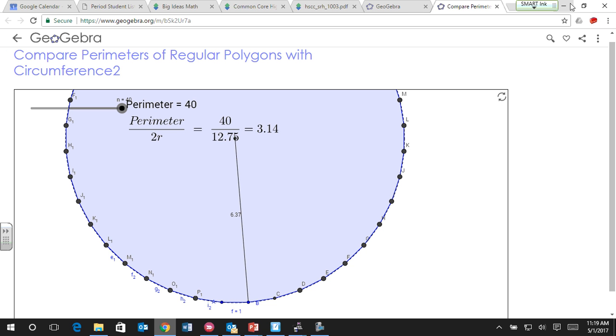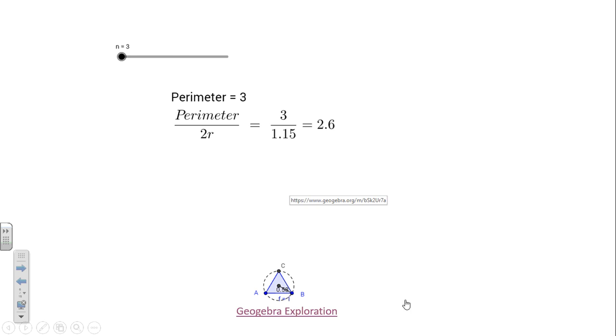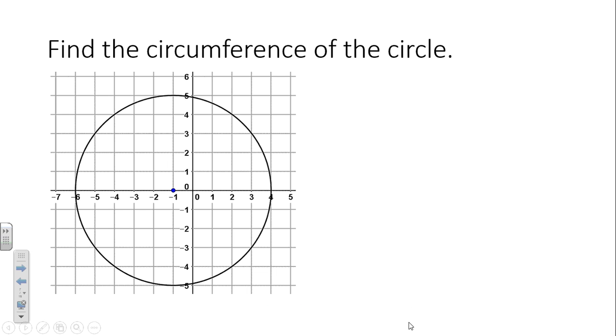40-sided figure. Okay, so to keep moving, I want you to find the circumference of this circle. All right, so which of the 2 formulas are you going to use? Yep, we're on this one, the one that's labeled number 4 on your sheet.